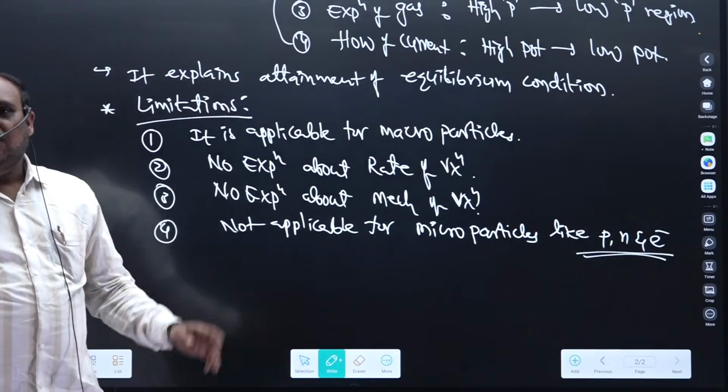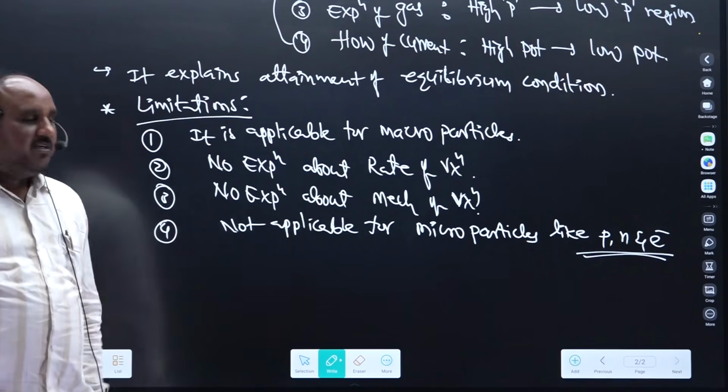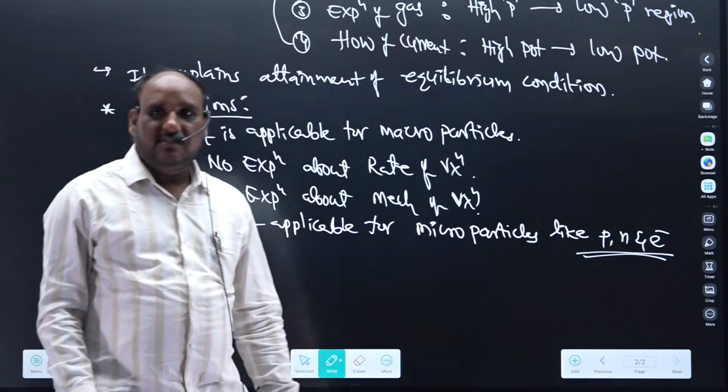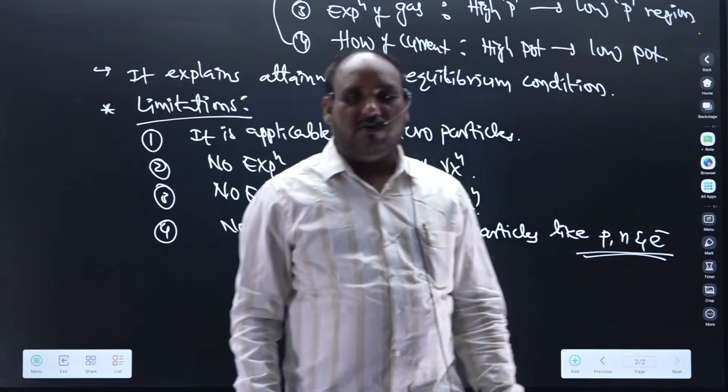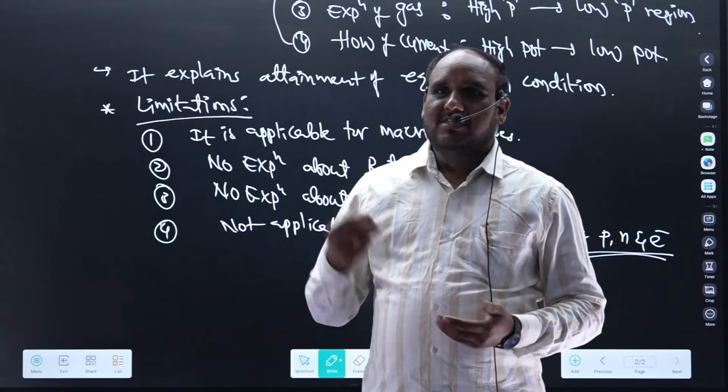Whatever electron transfer happens, if any changes occur during that, we cannot predict them with the help of thermodynamics. These are some of the limitations of thermodynamics. So importance and limitations are covered.